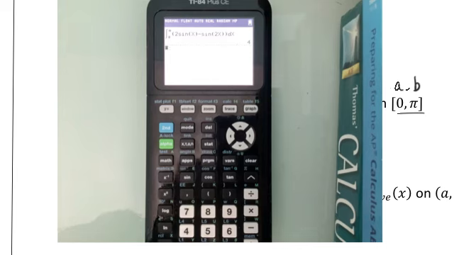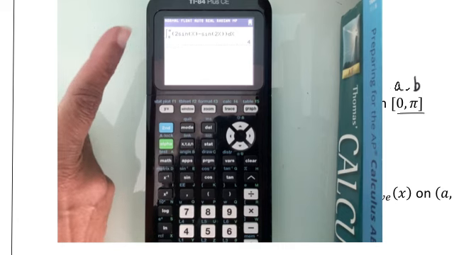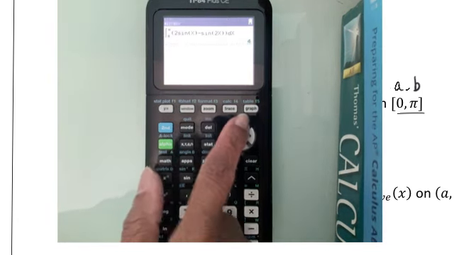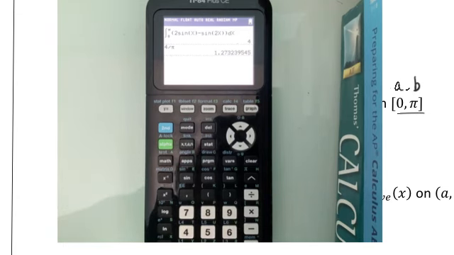This is one actually that you could do by hand as well. But now remember, this is just the integral, and we have to now divide by the b minus a, right? So if you needed a decimal answer, then you would just divide that number by pi, which is the b minus a. If you don't need a decimal answer, then, well, you would just write 4 divided by pi.